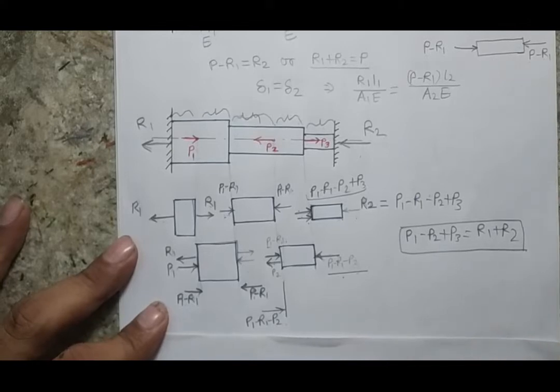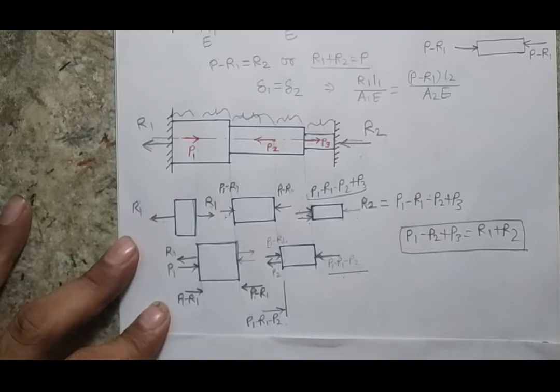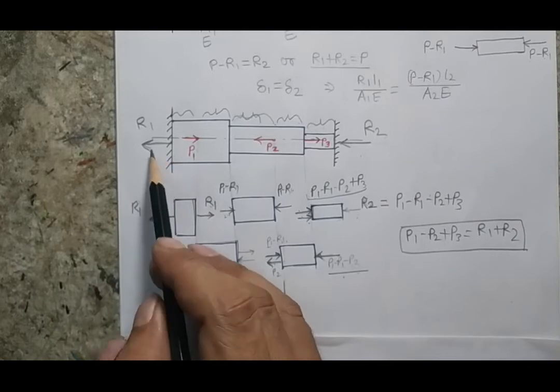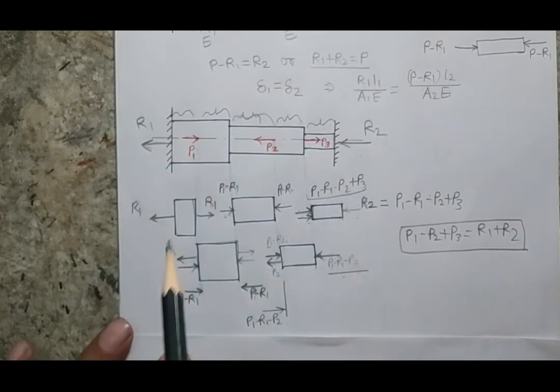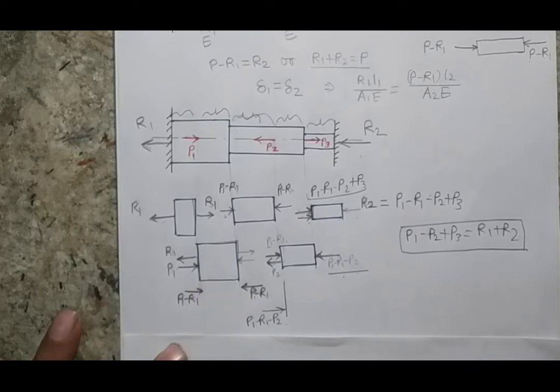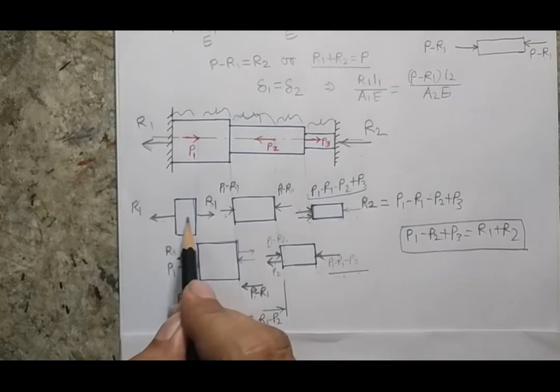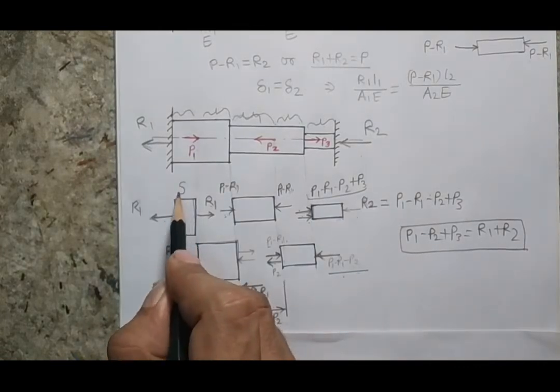The second equation will be there because of the deformation. There are different ways to write this equation. Once I have decided the direction of the forces, I know which force is of compressive nature and which is of tensile nature. In my case, this is a tensile force, so let's assume that this is plus del 1.